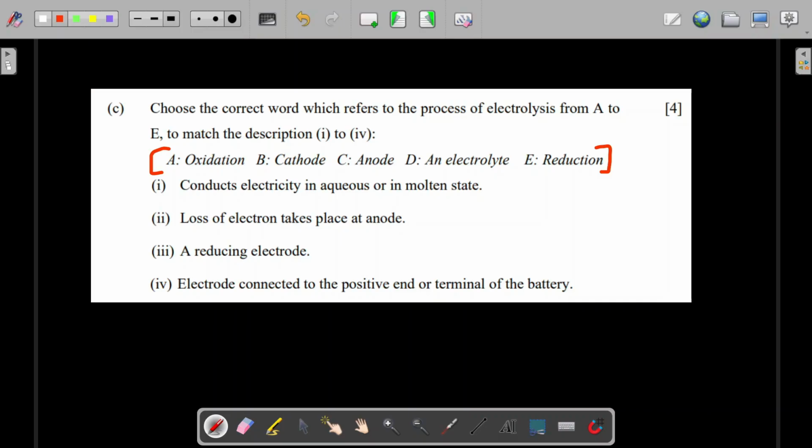D, an electrolyte conducts electricity. Yes. Very good. Vanishika, what will be the answer for second one? Sir, oxidation? Oxidation. A, correct. Rohani, what will be the third one? Sir, cathode. Cathode, right. Aryan, what is the last one? It's anode. Anode, C. Yes.